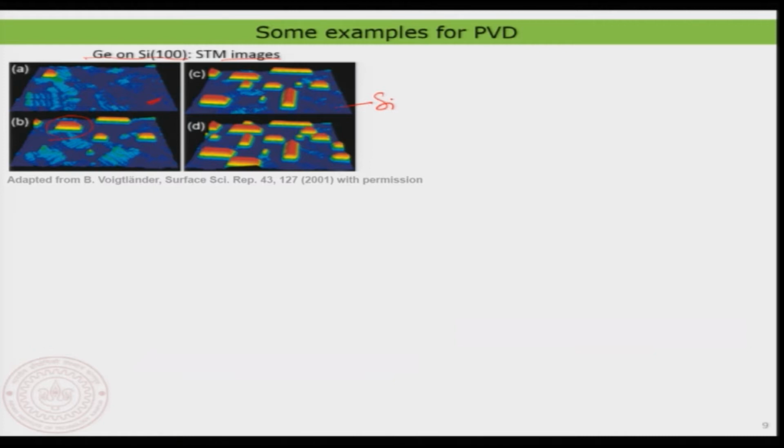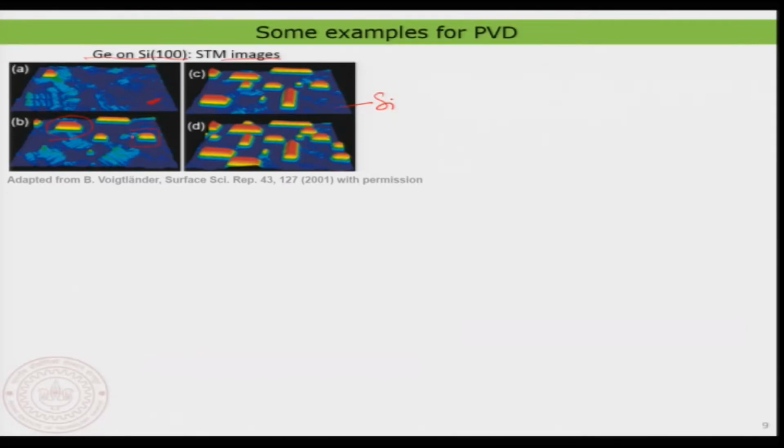Now the interesting thing is, as you increase the coverage, that means as you increase the amount of atoms bombarding the silicon surface, you can see the amount of germanium getting deposited on the surface increases. That is no big deal, that is very good.